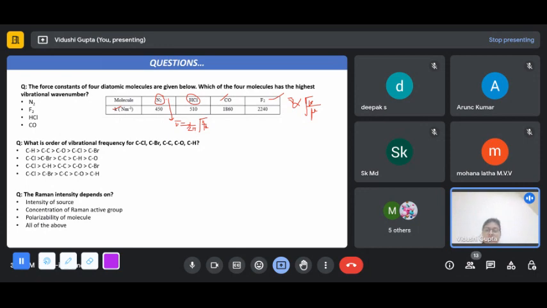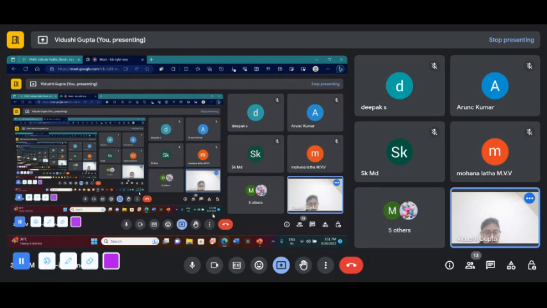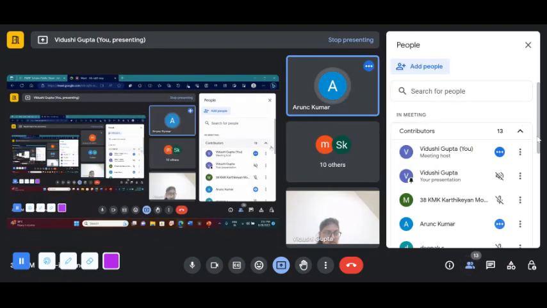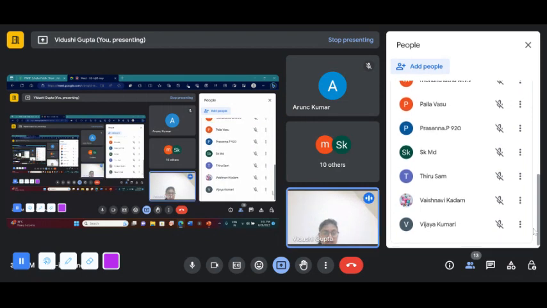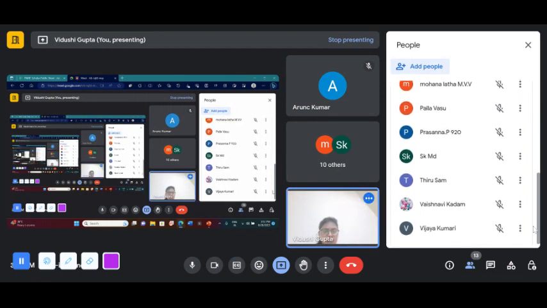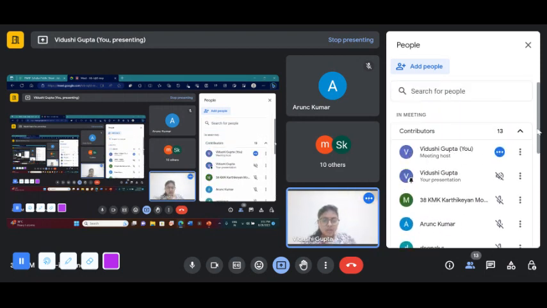Is anyone solving it? Deepak, Arun, who else is there? Have you solved it? You just have to substitute the value. Everything is given.